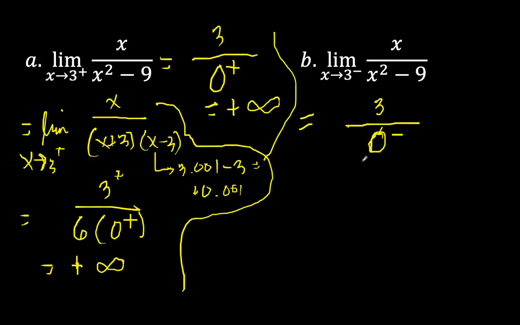So 3 over 0, that's infinity, that's undefined. And since the numerator is positive and the denominator is negative, therefore it's negative. All right, so the limit of x over x squared minus 9 as x approaches 3 from the left is negative infinity. Okay, so this is our answer, and I hope you get the same answer.